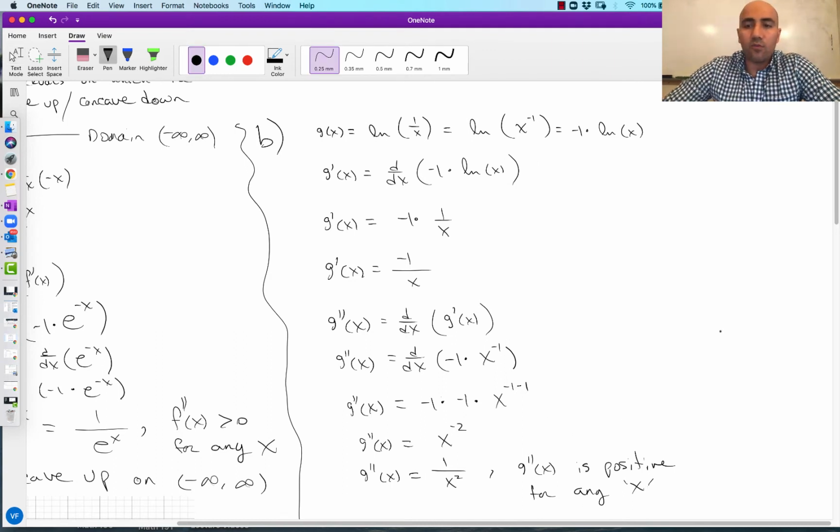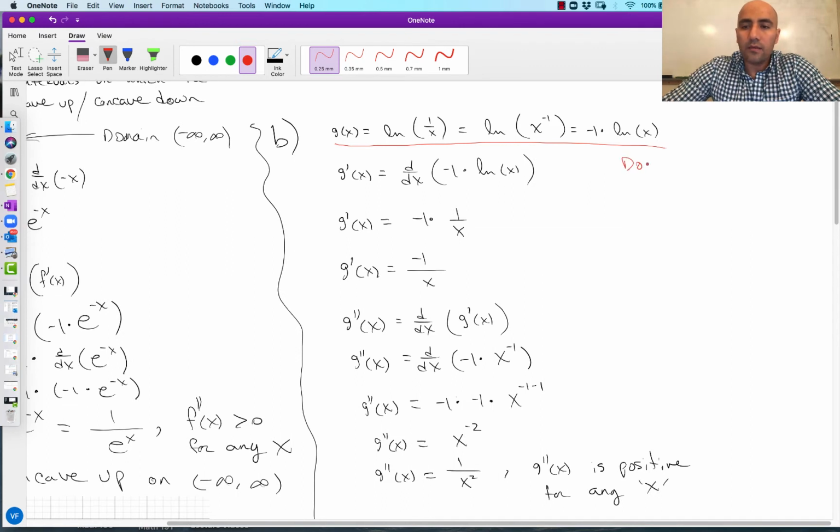This is just negative 1 times ln x, so the domain of g of x is going to be from 0 to infinity. I'm allowed to plug in any positive number strictly greater than 0 into an ln function. No negatives. I can't have ln of negative 7, for example.